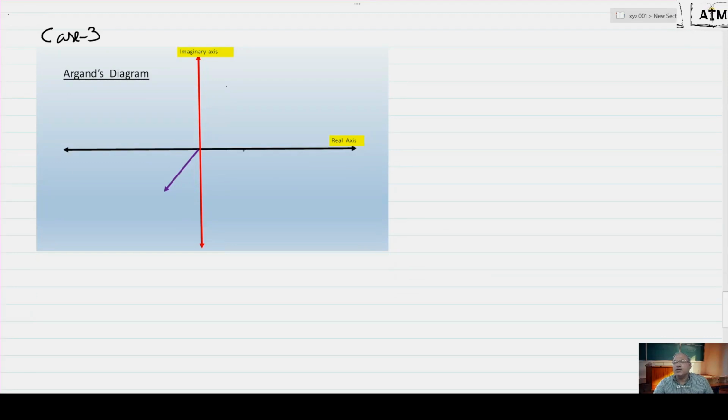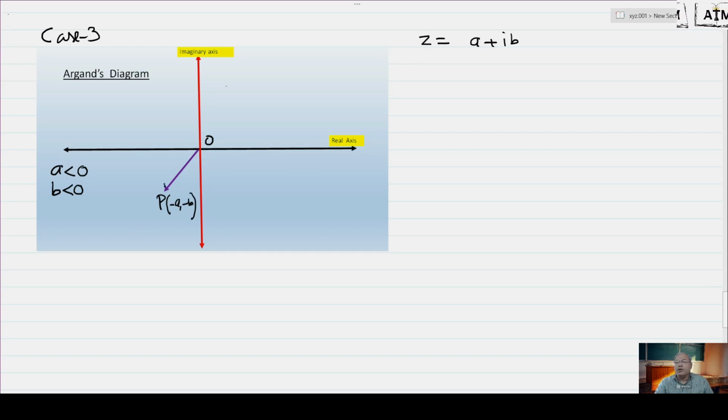Now for case number 3, the ray OP lies in the third quadrant. Consider the given complex number Z equals a plus ib. For the third quadrant, the value of a is less than 0 and the value of b is also less than 0. Therefore, any point in the third quadrant is (minus a, minus b).